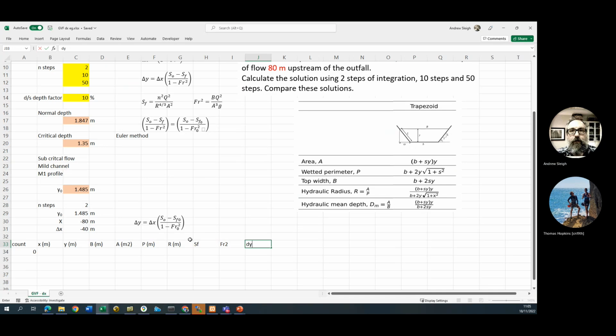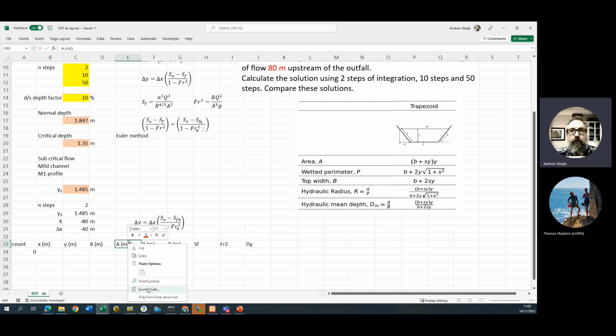and then dy, that we're going to calculate. We could tidy these up if we wanted, get them looking a bit neater.